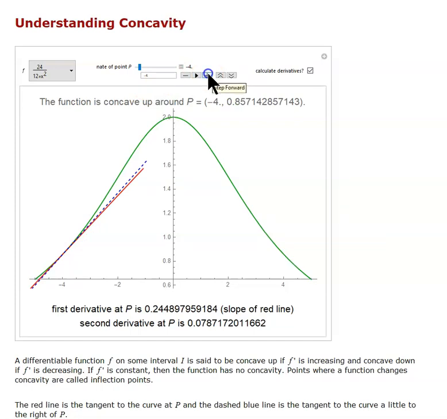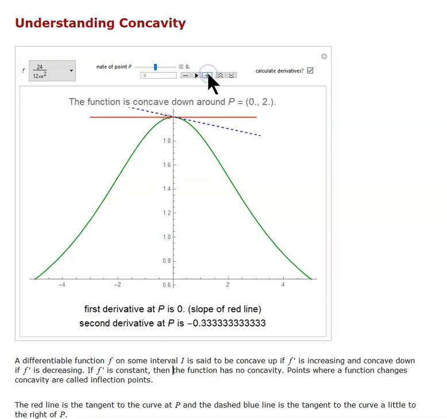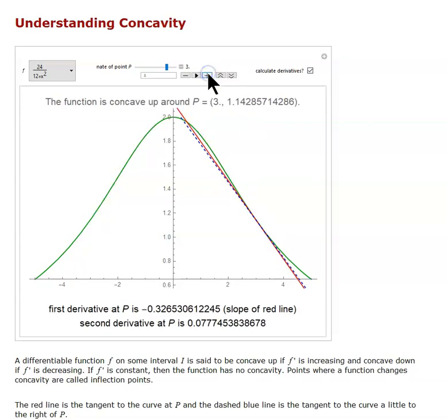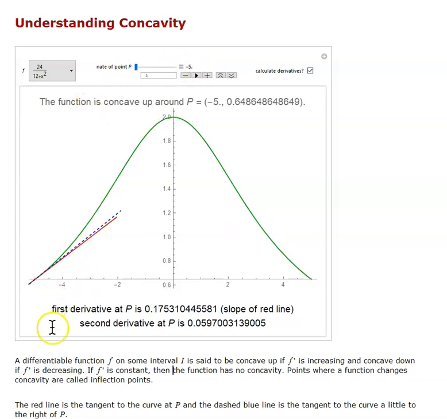What do you notice happening with the blue tangent line and the red? Okay, so let's go back and start again. Notice that the slope of the blue line is greater than the slope of the red line. That means the derivative is increasing, which means the second derivative is positive, which means the function is concave up at this location.